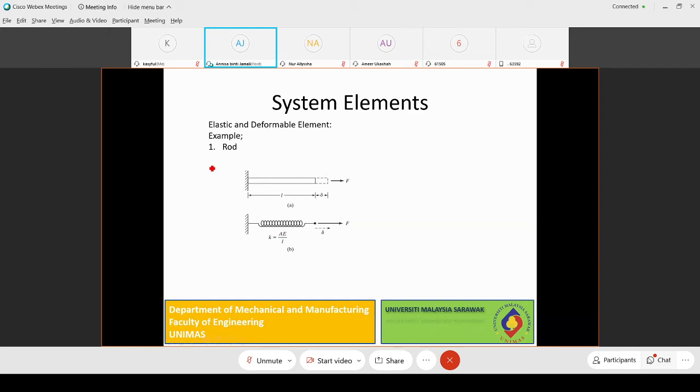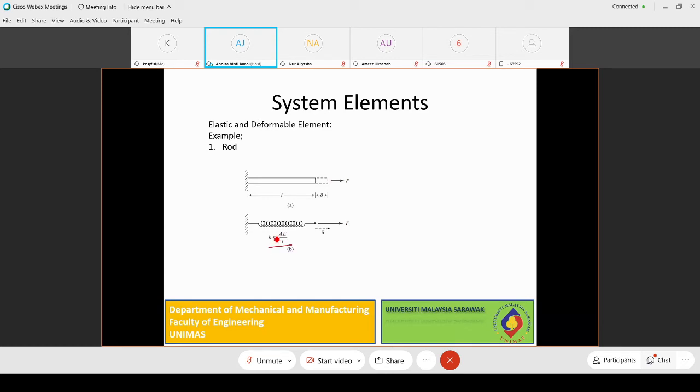This is the delta value here. We have the length of the rod, and if we exert a force on this rod, then we can get the energy obtained from this. So how do we define this K here?